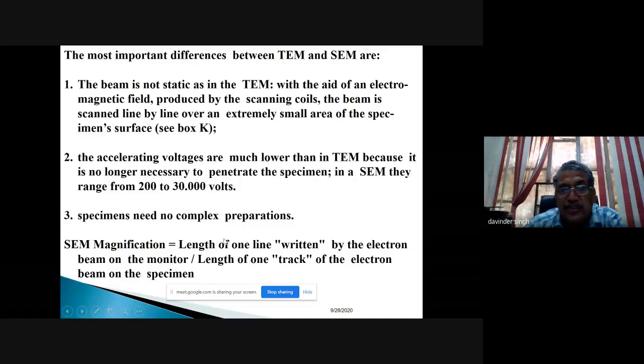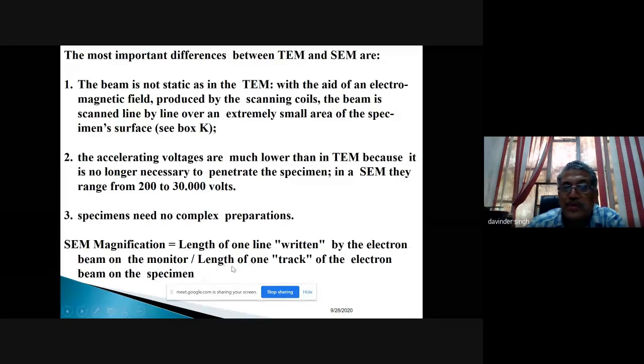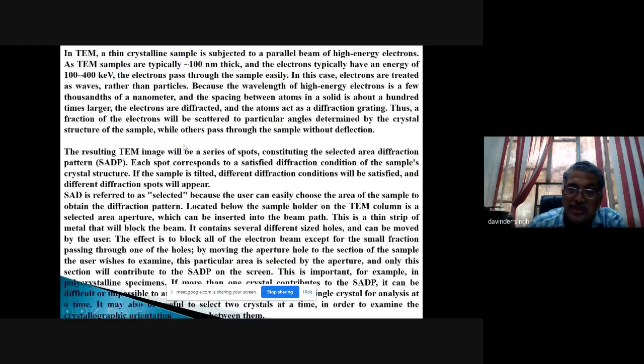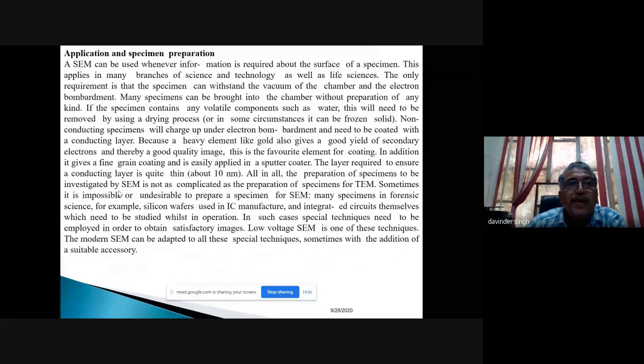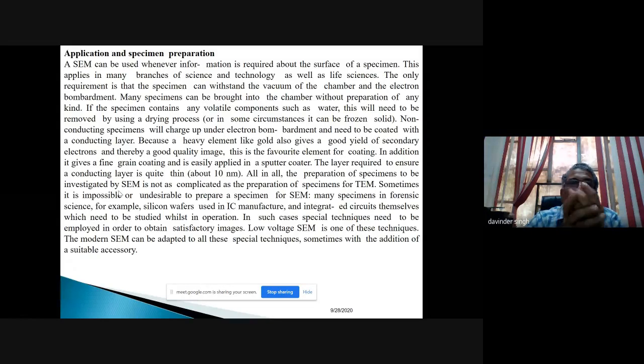SEM magnification, as I told you earlier, is the length of the line scanned by the electron beam on the monitor relative to the length of one track of the electron beam on the specimen. Okay, so just an idea about this. And there are applications. I hope you all are material scientists, you understand there are a lot of applications. How to prepare the sample, what type of samples you are using.